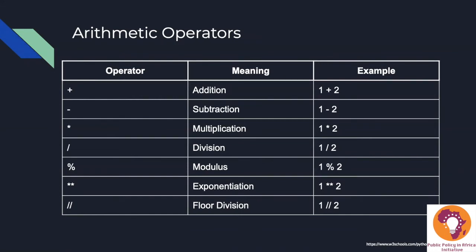Yeah, so floor division is almost like the opposite of modulus. With modulus, you're taking the remainder, but with floor division, you're just seeing how many times the number evenly fits into the larger number. So say you have 21 floor division 4.